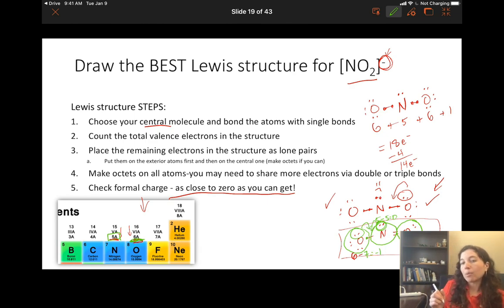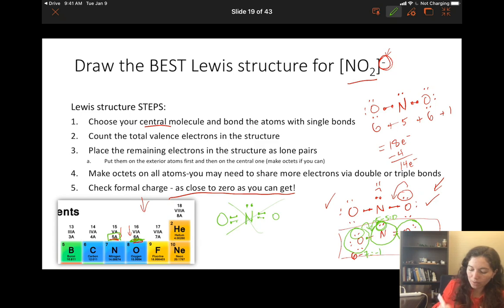But what you're going to find is if you try to move those electrons, you're going to be breaking the octet rule. So we actually can't move any electrons here. This is as good as it gets, because if you moved electrons, say you did like this, you'd be breaking the octet rule because nitrogen would have 2, 4, 6, 8, 10 electrons around it, so we can't do that.